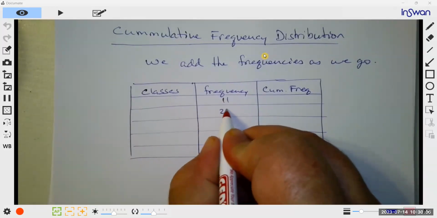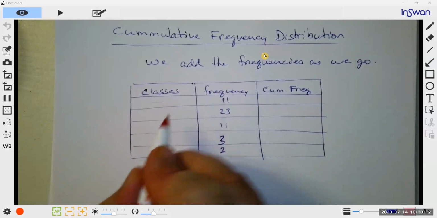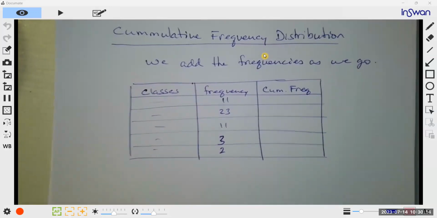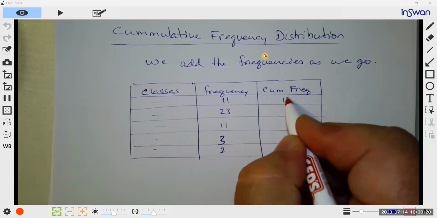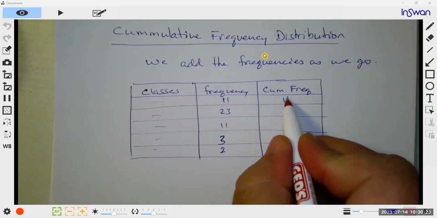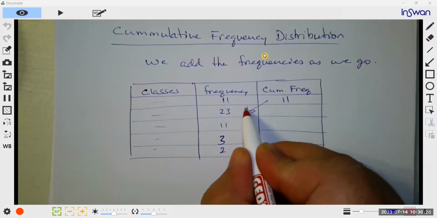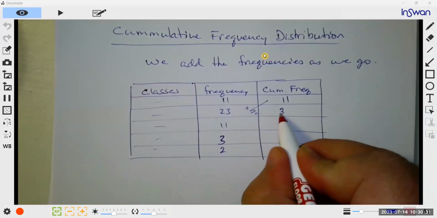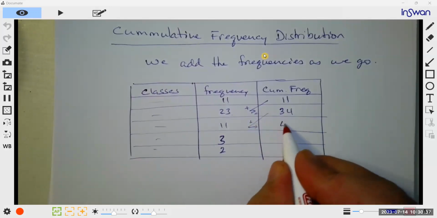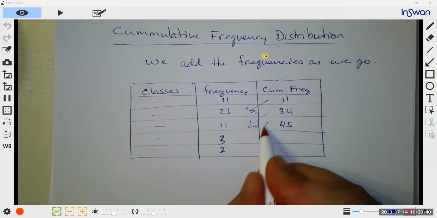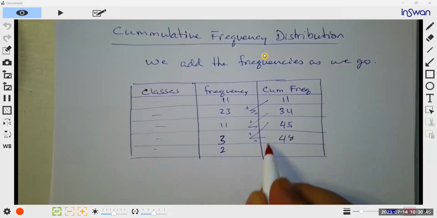So we have 11, 23, 11, 3, 2. And here's our classes. The cumulative frequency is you start with the first one. Now, to fill up here, take this plus this. So that makes it 34. This plus this equals 45. This plus this equals 48.